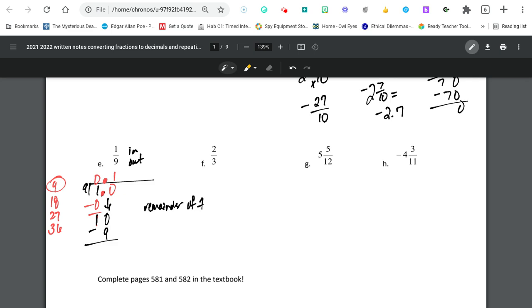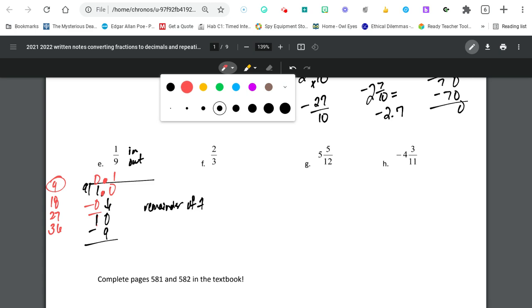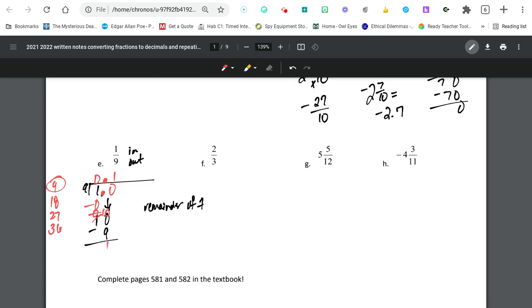So I subtracted the 9. That's because one group of 9 is 9. Look what I get again for a remainder. I get another remainder of 1. Then I add a 0 and bring it down. How many groups of 9 can I get out of 10 again? 1. When I subtract 9, I still get another remainder of 1.